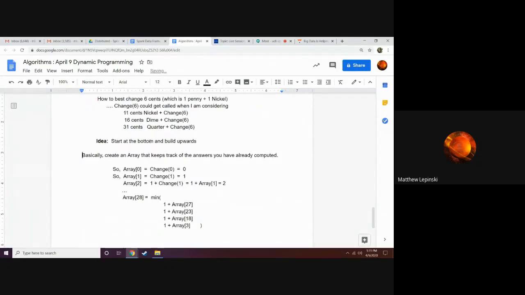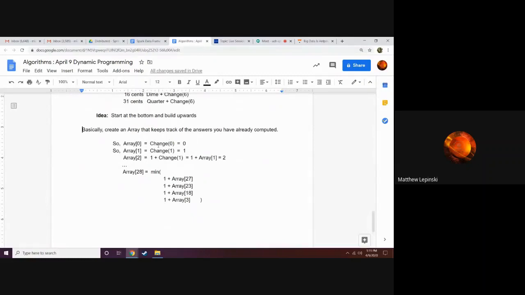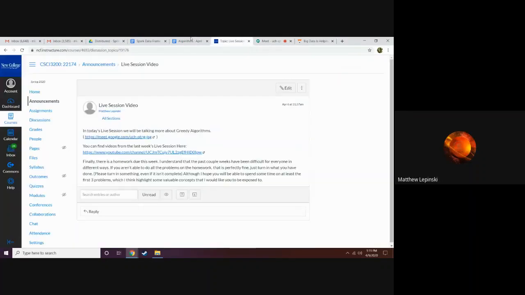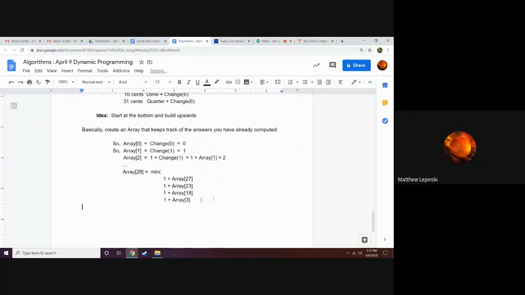Questions on this? Does this approach of starting at the bottom, working up, keeping track of your solutions, does it get slower the farther you go? So how fast or slow is this?